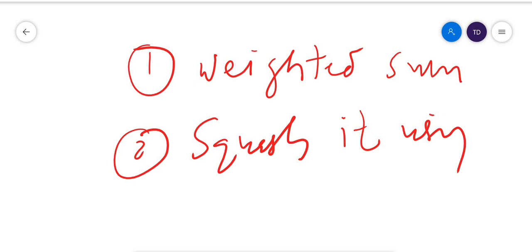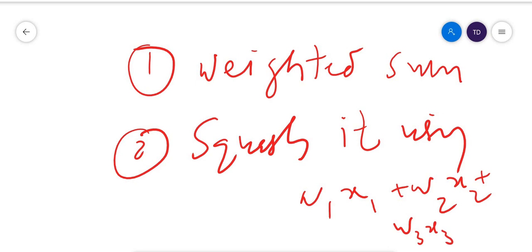Now we will get into the back propagation algorithm. You understood what exactly is happening in the neural network, and all those aspects. The weighted sum means if you have x1, x2, x3 as the inputs, then w1 x1 plus w2 x2 plus w3 x3, like that it will go.